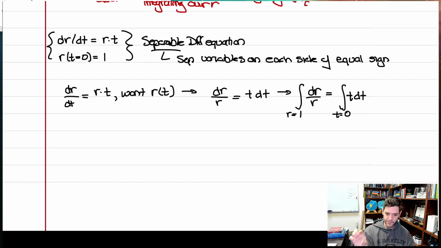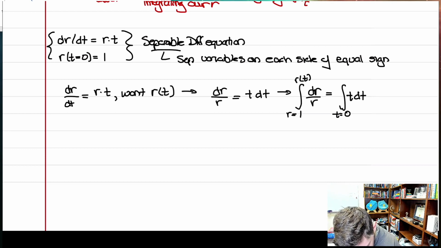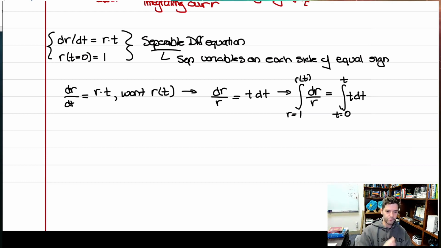The right integral is integrating over t, those two limits better be t values. I'm working in my initial condition as a limit here, right? When t equals 0, that's the right integral, r equals 1, that's the left integral. And then I'm going out to some general value at some later time t. I'm just making my upper limit super general. Again, if you prefer to not have limits and do constants of integration, fine. I like to avoid constants of integration and just work in my initial conditions as part of the limits on the integral.